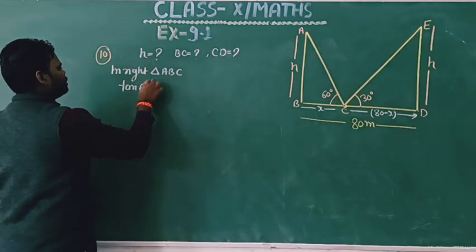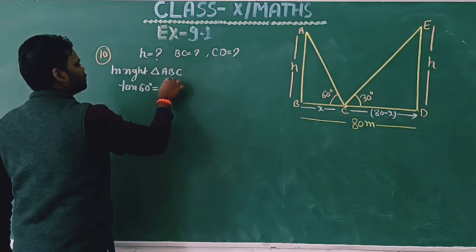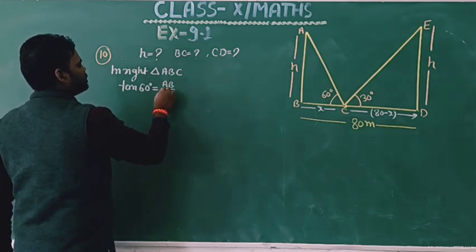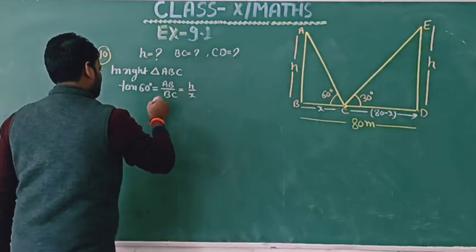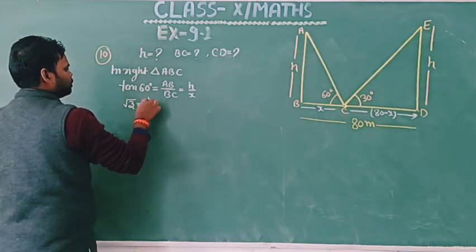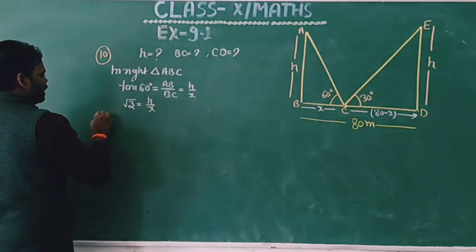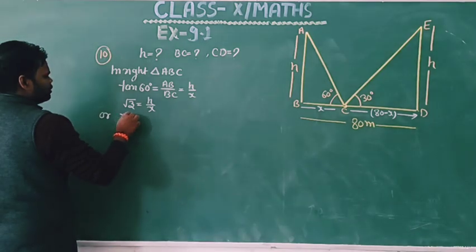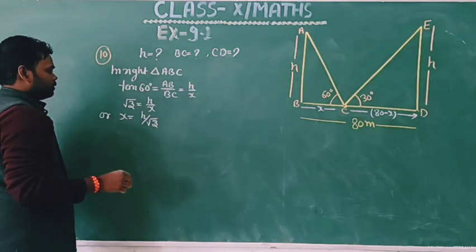So tan 60 degree equal to AB upon BC. AB is H and BC is X. So root 3 equal to H by X, or X equal to H by root 3.